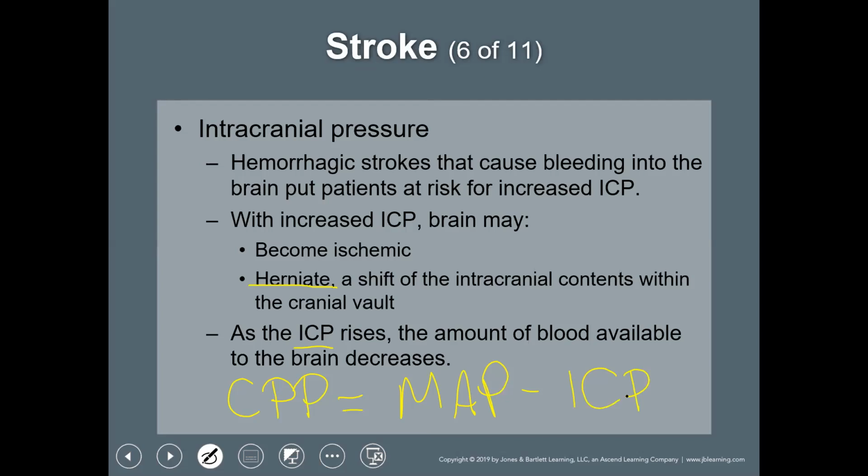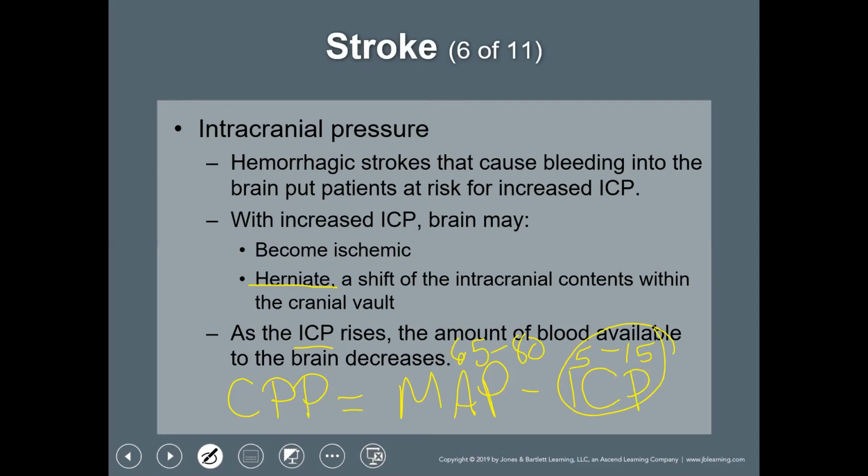Our ICP is usually between 5 and 15 millimeters of mercury, whereas our MAPs are 65 to 80-ish and more. So this isn't a big number when it changes.